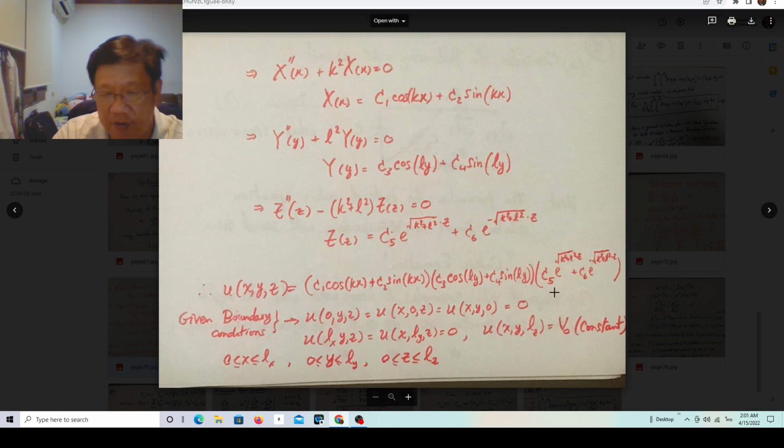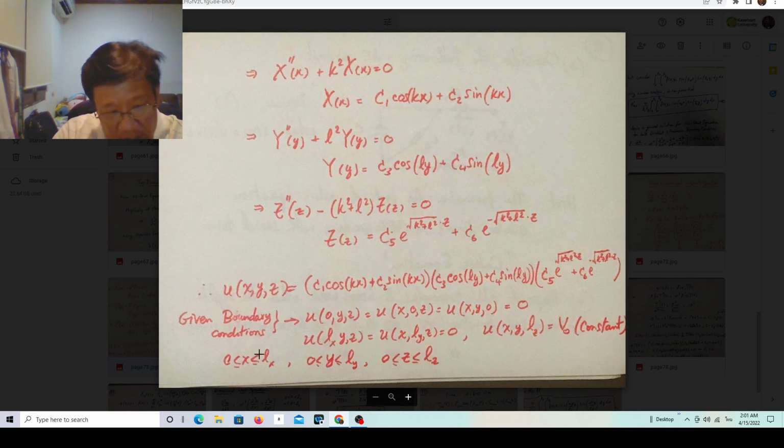There are now six constants: c sub 1, c sub 2, c sub 3, c sub 4, c sub 5, and c sub 6. And again, these constant values rely on what you define as your boundary condition.